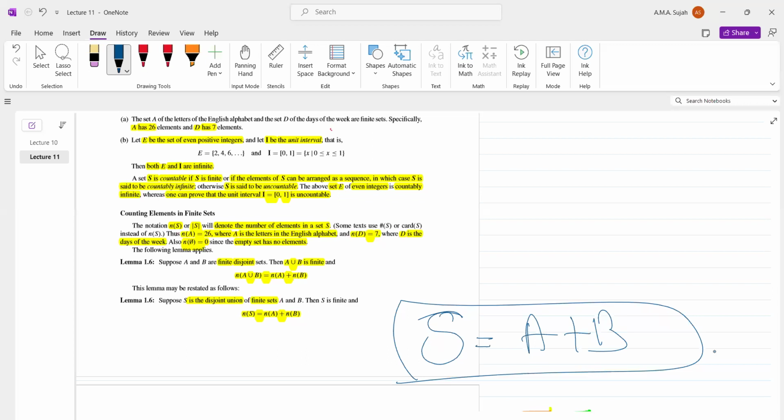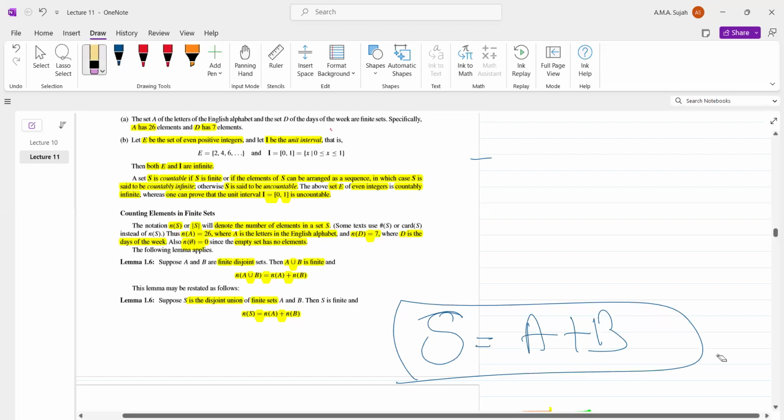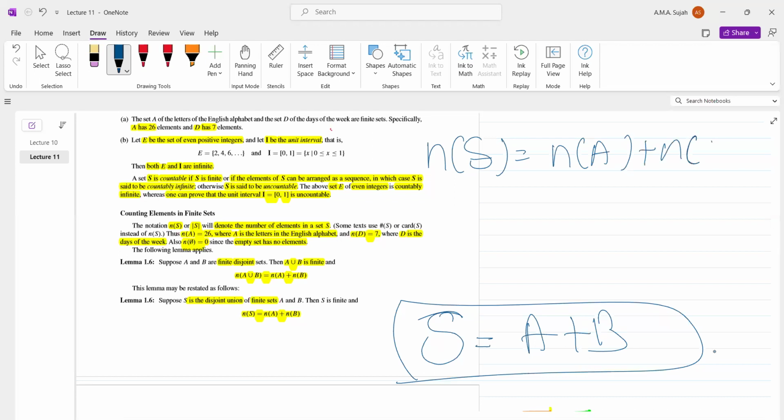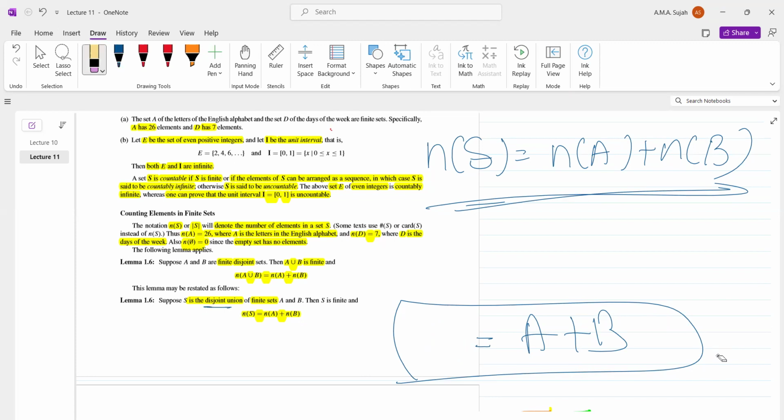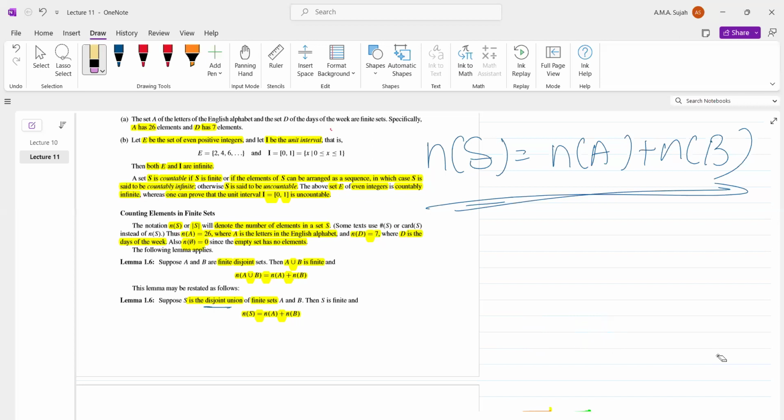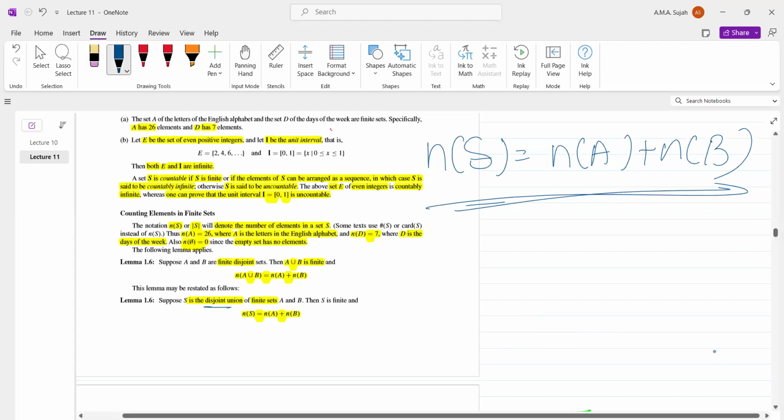If you need to find the number of elements in set S, we can say number of elements in A plus number of elements in B, right? It must be a disjoint set. They are clearly mentioning A and B are disjoint sets. So for the disjoint union of A and B, we can say number of elements in A plus number of elements in B, right?